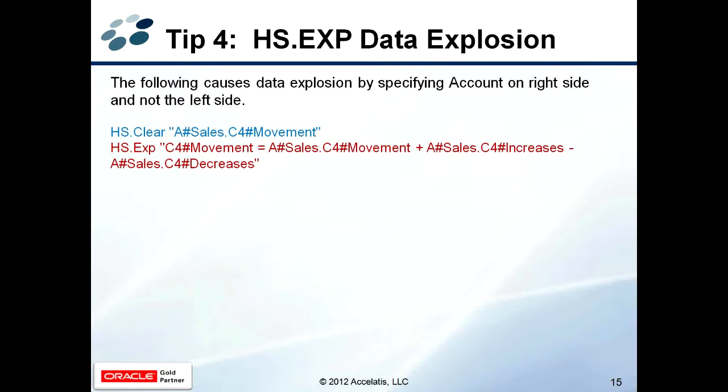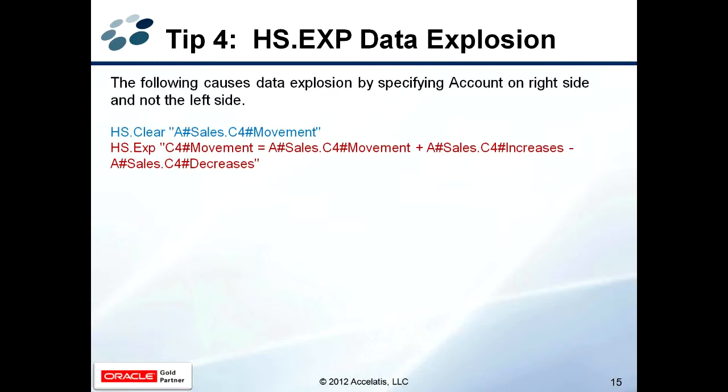Now, notice that the account sales was not specified on the left-hand side of the equation. In this case, which I think should be an enhancement to HFM, HFM is taking that value, calculating that value, and copying it to every single member of the account dimension, which could result in data explosion.